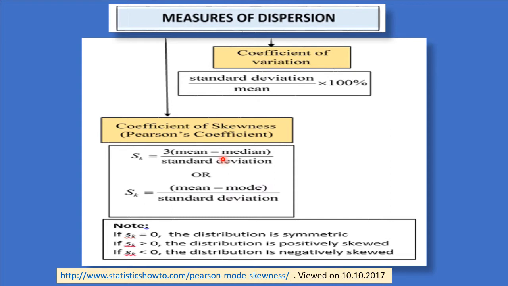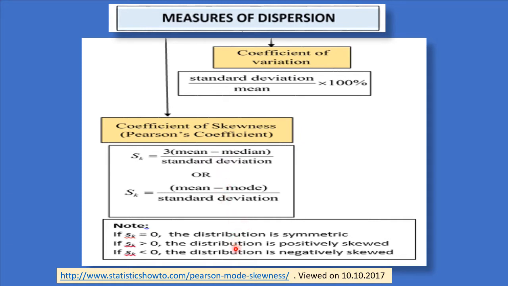If you are using the formula with the median, after you subtract the median from the mean, you have to multiply the difference by 3. On the other hand, if you use the formula with the mode, you don't need to multiply by 3. Just subtract the mode from the mean. And in both cases, after we subtract, we divide by the standard deviation.